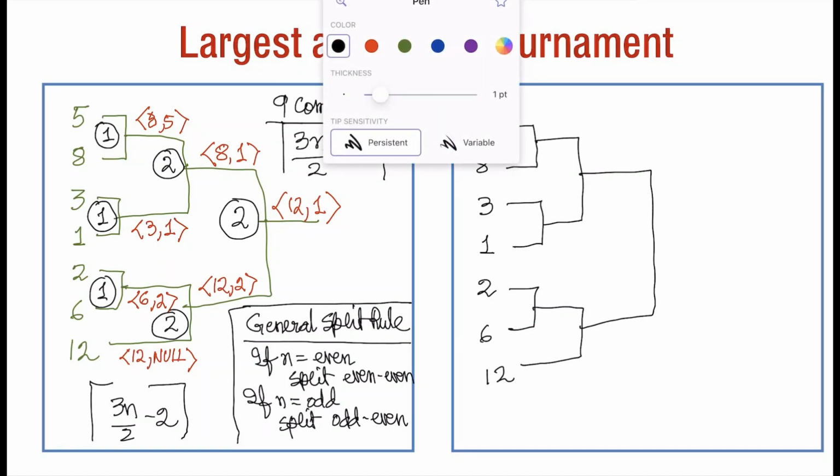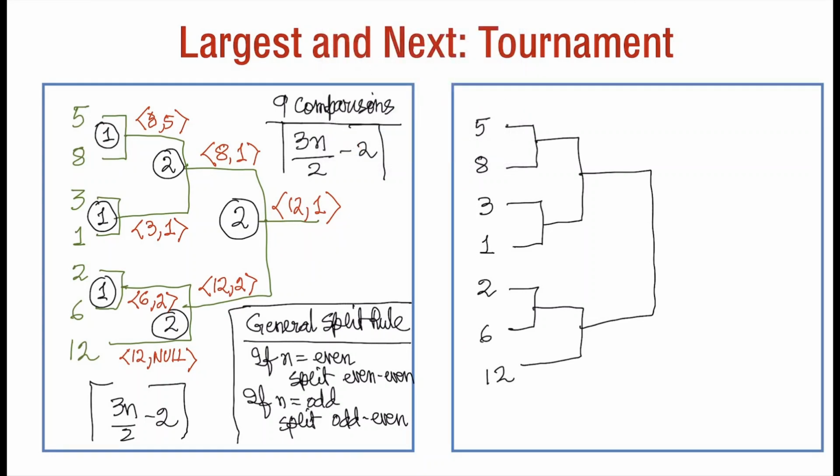So in the first step we find only the largest. So the largest here is 8, 3, 6, 12, 12, 8, 12. And we know that max 1 is equal to 12. This we now know.